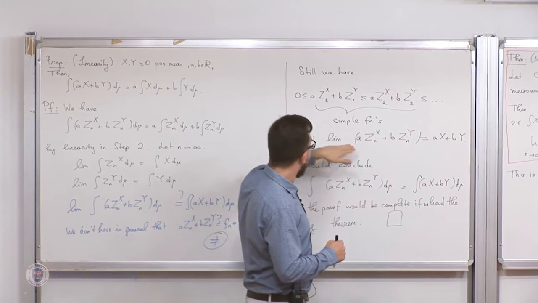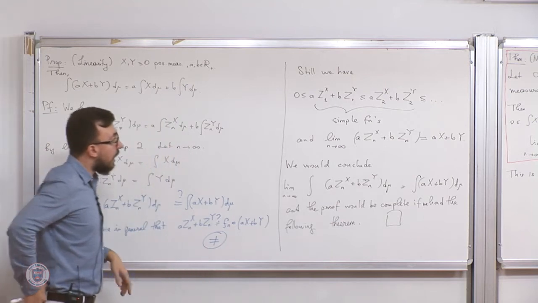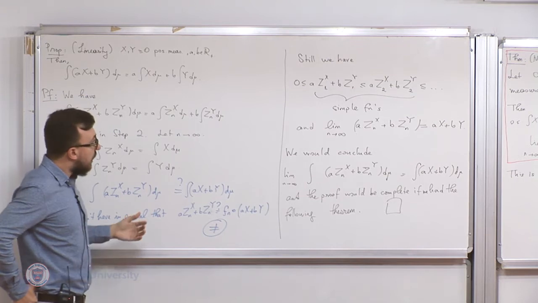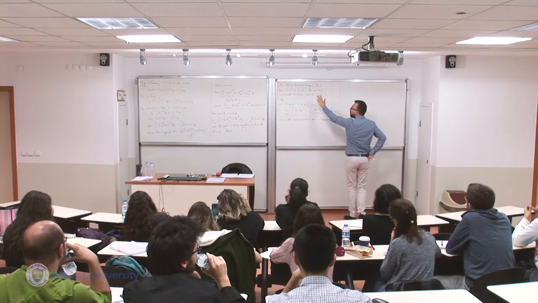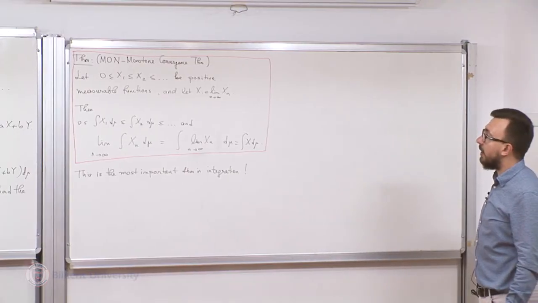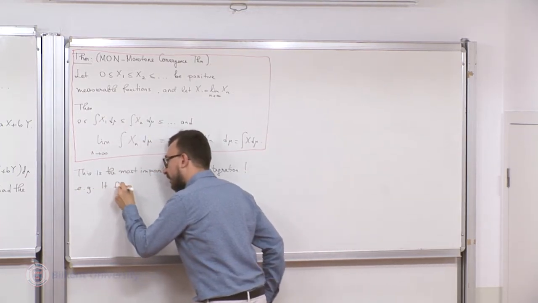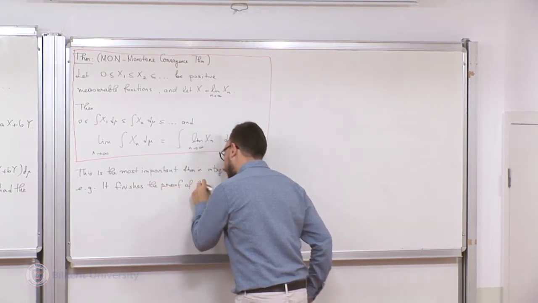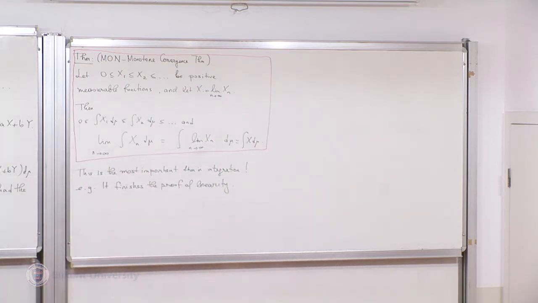The limit of those is equal to the original function ax plus by. So the very first consequence is that it finishes the proof of linearity. But later we're going to prove other consequences of it.